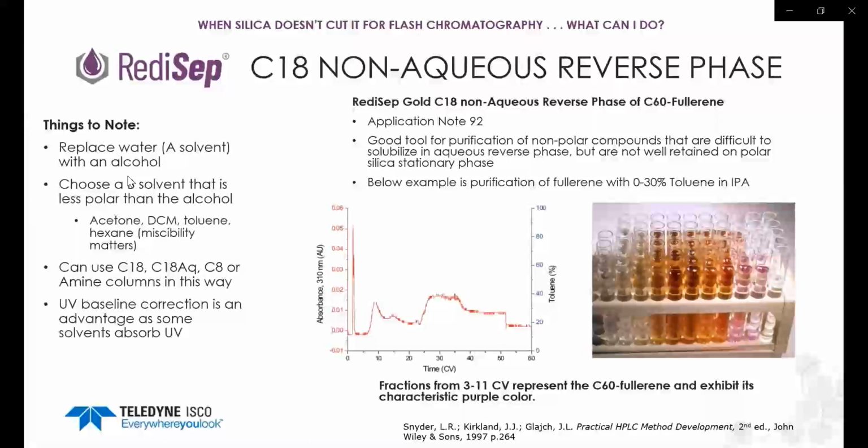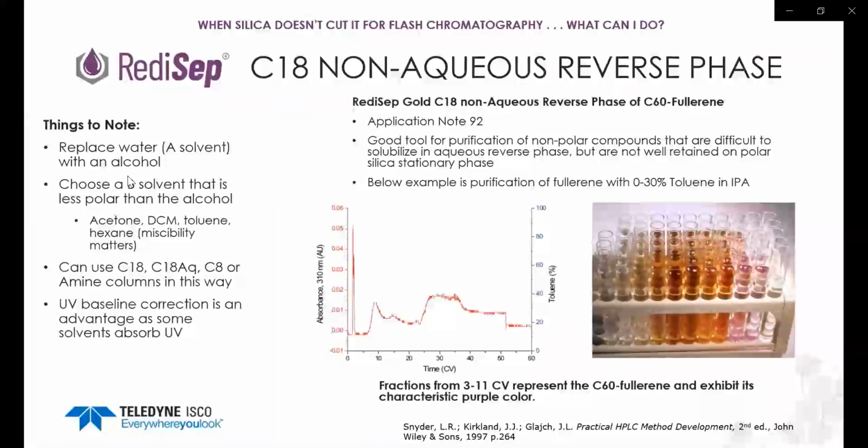Essentially, non-aqueous reverse phase means that we replace the water, our A solvent, which is traditionally our more polar solvent, with the alcohol. Then we replace our B solvent with a solvent that is less polar than alcohol, like acetone, DCM, toluene, or hexane. We just need to be aware of any miscibility issues with our A solvent.